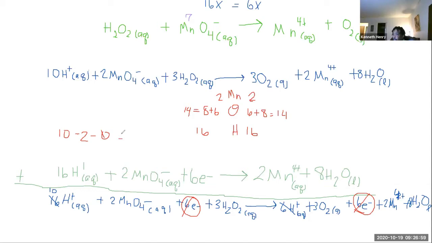So that equals 8. And then over here, oxygen gas, 0, and then we have the manganese 4 plus, 8. And then we have water, 0. So that equals 8 and 8.